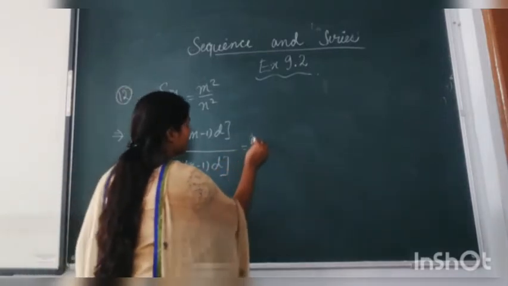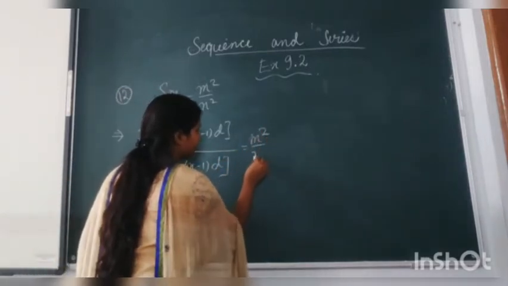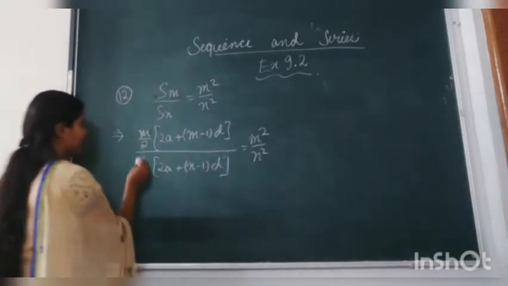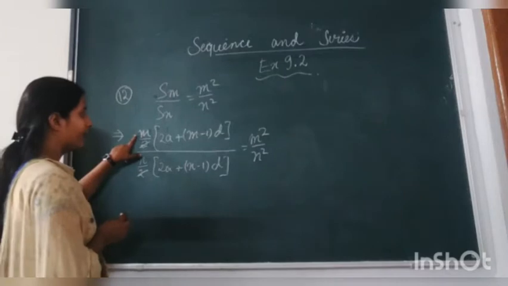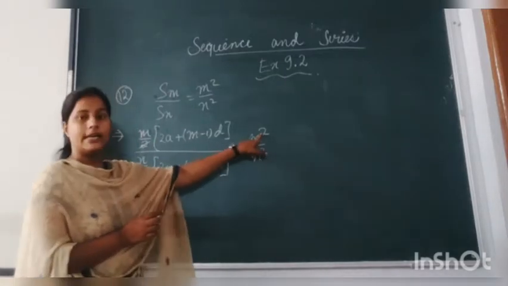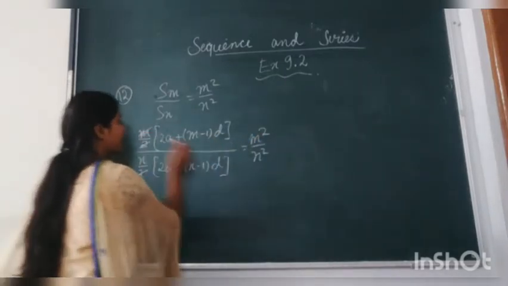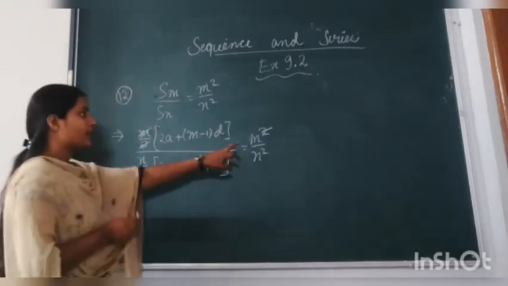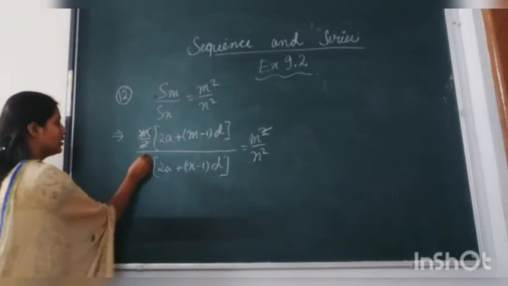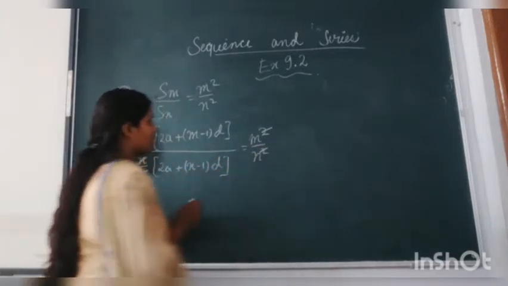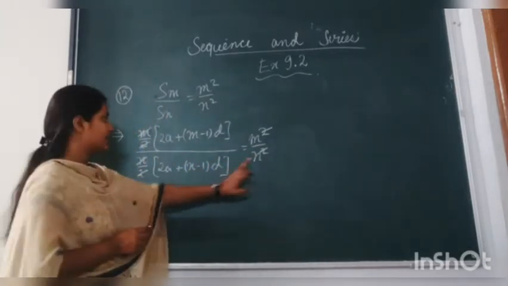This is given as m square upon n square. Clearly, 2 will be cancelled from here, and then here we have m, and this side we have m square. So this can be cancelled, and here only one m will be left. Similarly, here we have n, and here we have n square. So we will be left with only one n on this side.